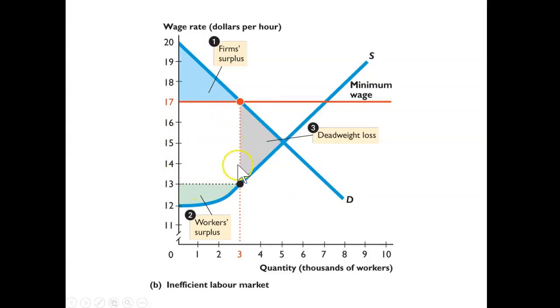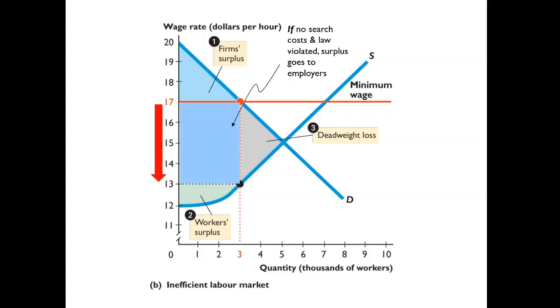Who gets that? Well, if the minimum wage were not enforced strictly, it's entirely possible that workers would be willing to accept a wage of only $13 as given by the supply curve. Firms could bargain the wage down to that minimum wage that workers would be willing to accept.